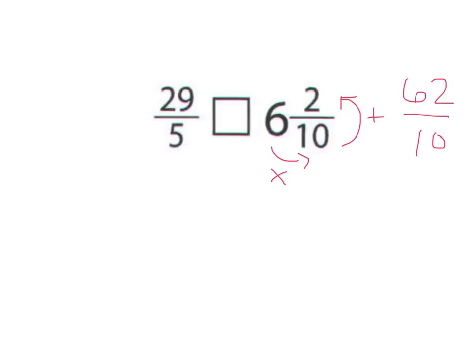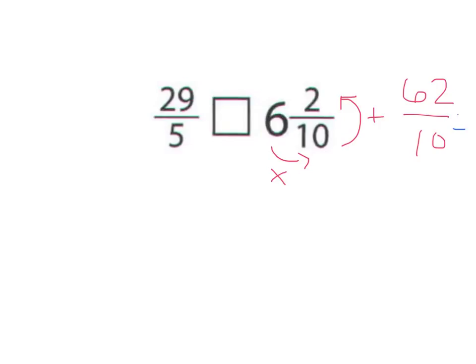So the only way we can compare them is to have the same denominator. We can either change this one into a denominator of 10 by finding an equivalent fraction, or we can change this fraction into a denominator of 5, again by finding an equivalent fraction. I'm going to change this one because I always find it easier to work with smaller numbers. So in order to turn 10 into 5, we're going to divide by 2.